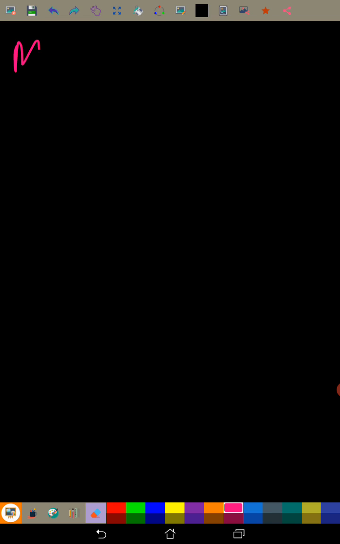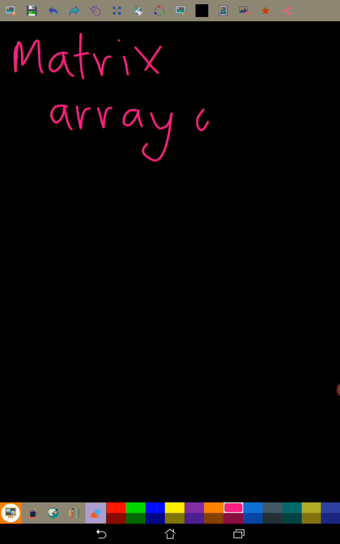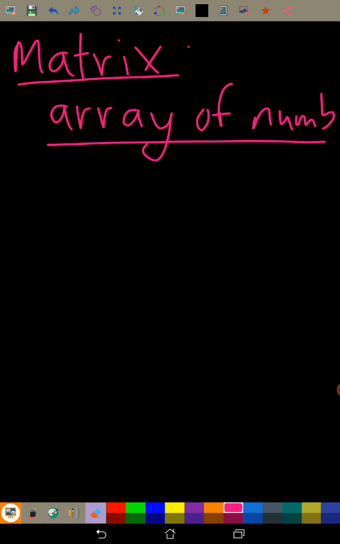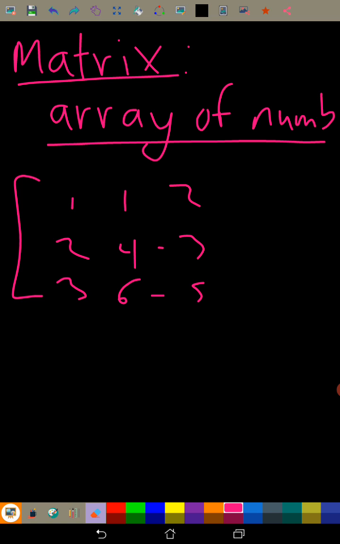So another way to talk about a matrix is that it's an array of numbers. What does that mean? It means you have a list of numbers, but that's how it looks to most people.